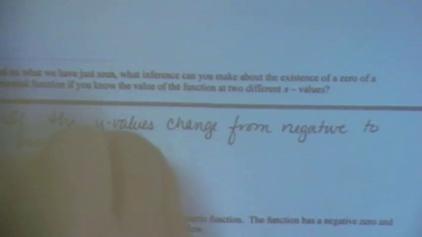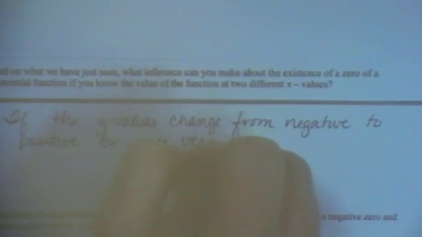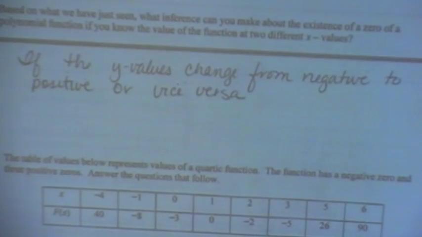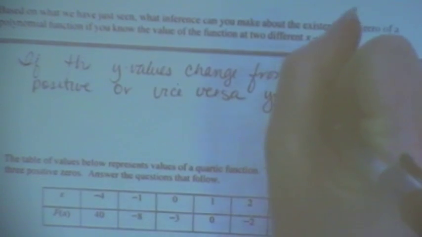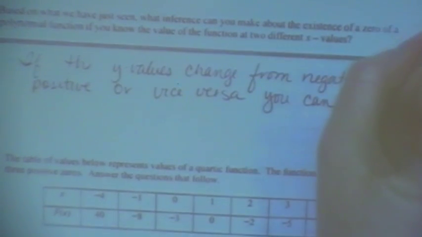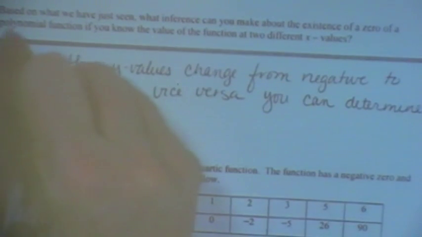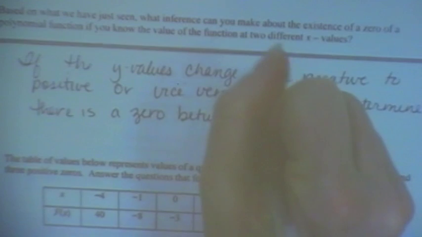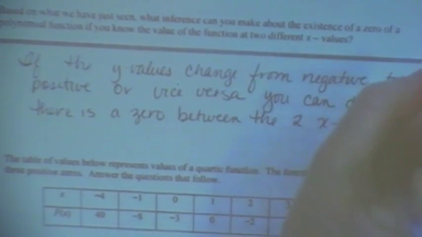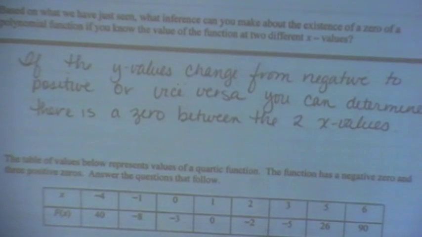If the y values change, if they change from negative to positive, or vice versa, positive to negative, it doesn't matter which way, the y values have to change. Then you can determine that there's a 0 between the two x values.